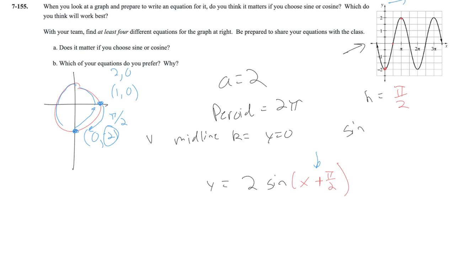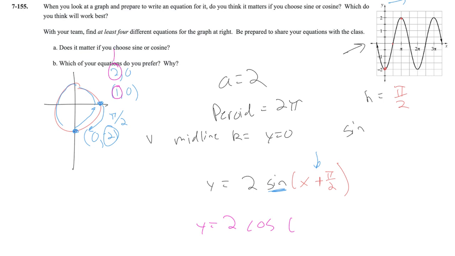But now here is something that I think makes this a lot easier. We don't have to write it as just a sine. There's another graph: a cosine graph. That's going to have the same amplitude, so I'll just plug that in. But notice that the cosine graph starts right away at that 2. So now I don't have to think in horizontal shifts.